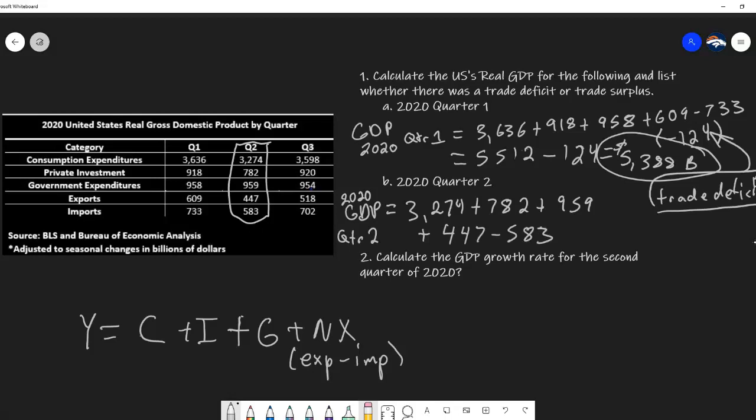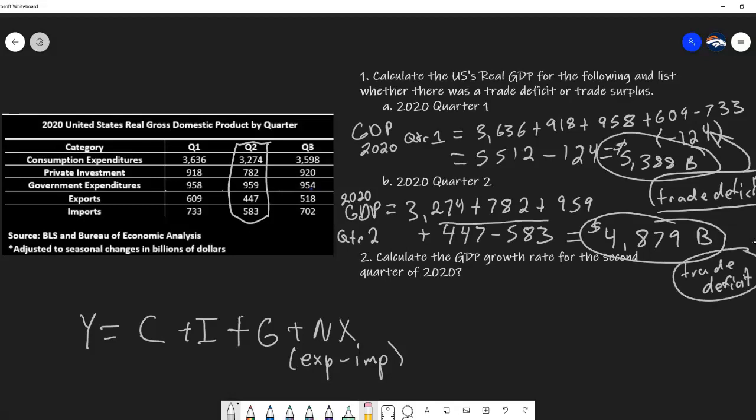You add them all together and subtract, and you end up with 4,000, and that's my second quarter 2020 for the United States. And was it a trade deficit or a trade surplus? It's also a trade deficit. And how do I know that?